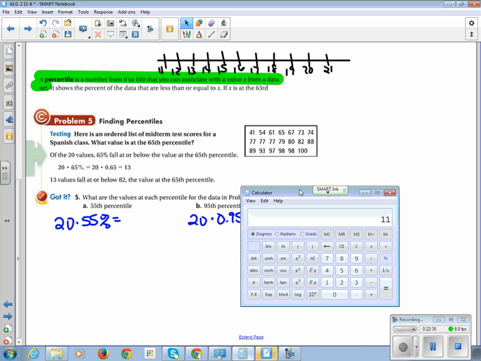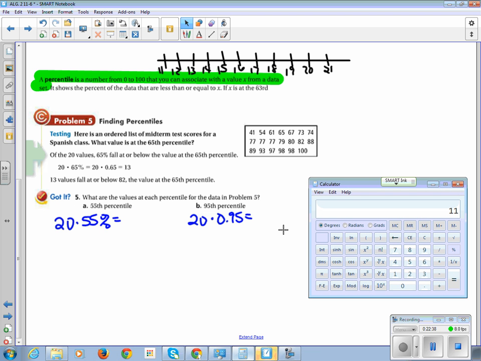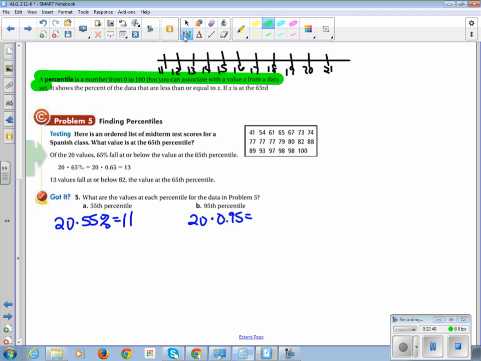So this says 11, so let's look at 1, 2, 3, 4, 5, 6, 7, 8, 11. So it's 79, a score of 79 or less is the 55th percentile.